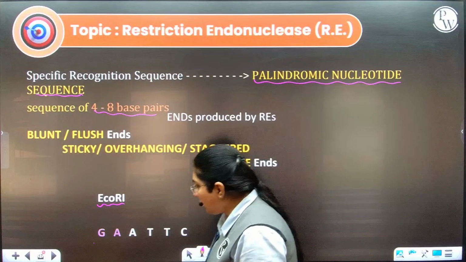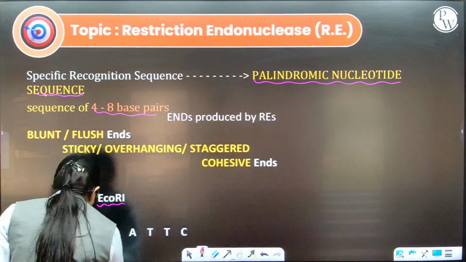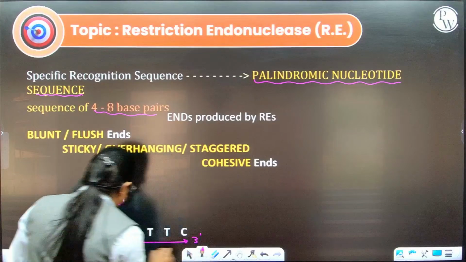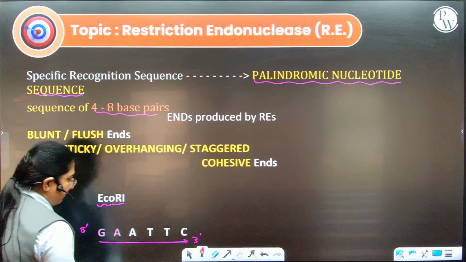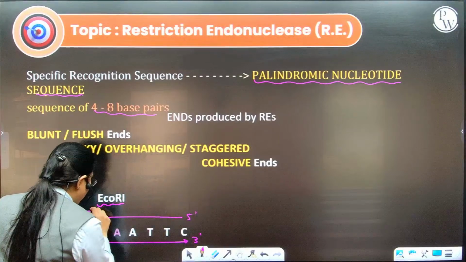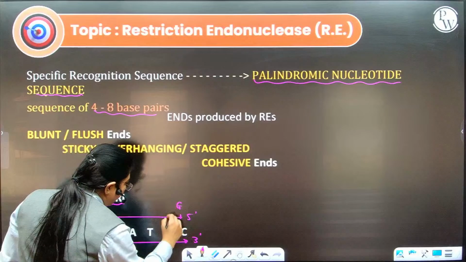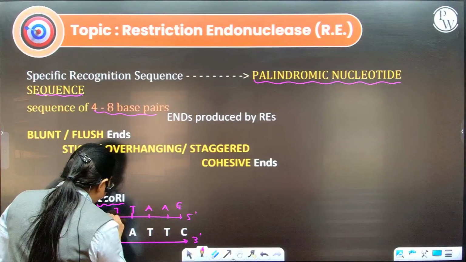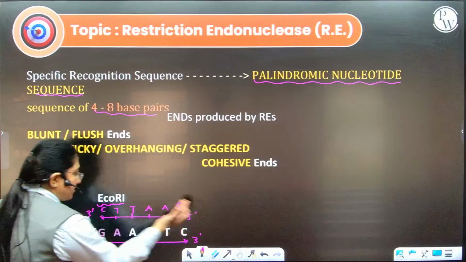When we are talking about EcoRI, if we are reading it from 5' to 3', it reads as GAATTC. The same if we are reading it from 5' to 3' on the other strand, it will again read GAATTC. So it is reading the same forward as well as backward.